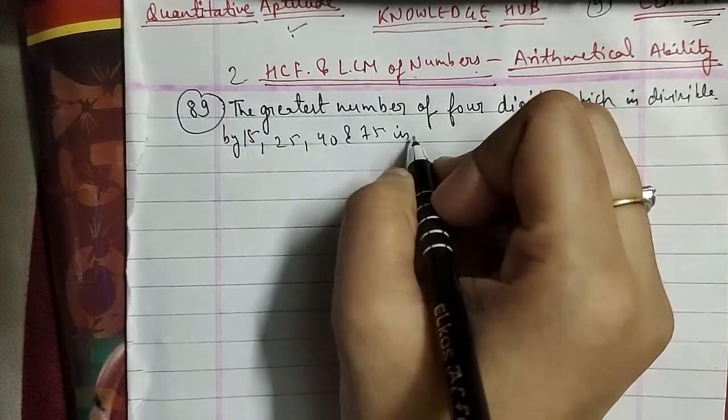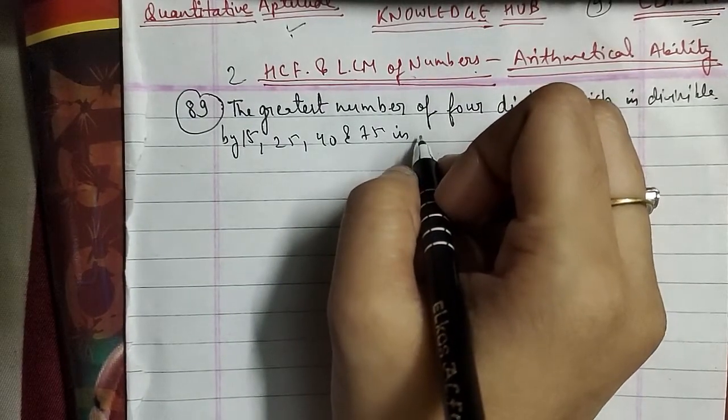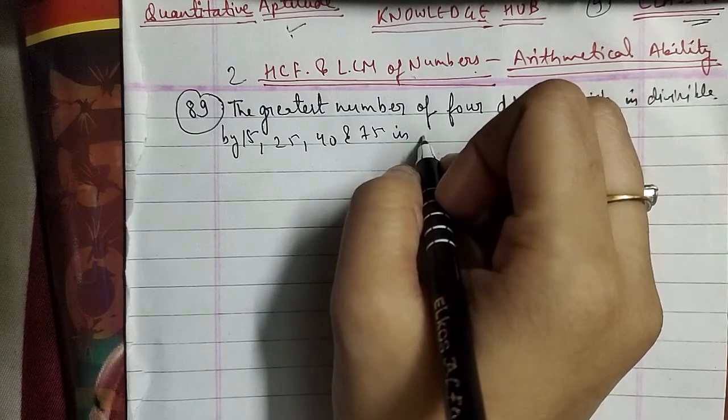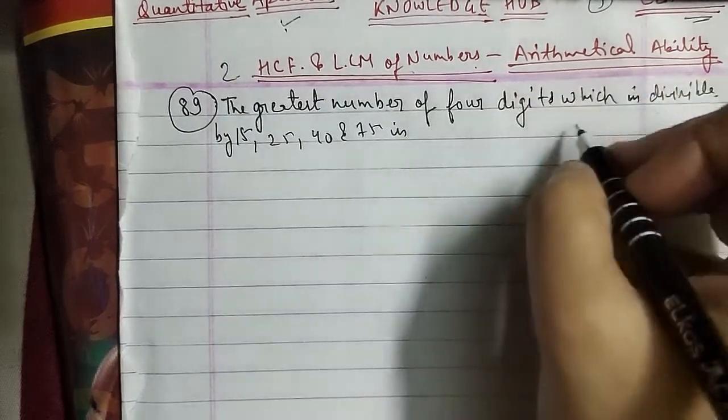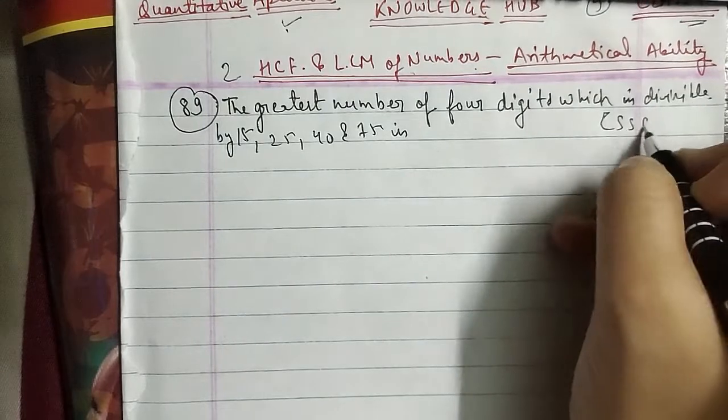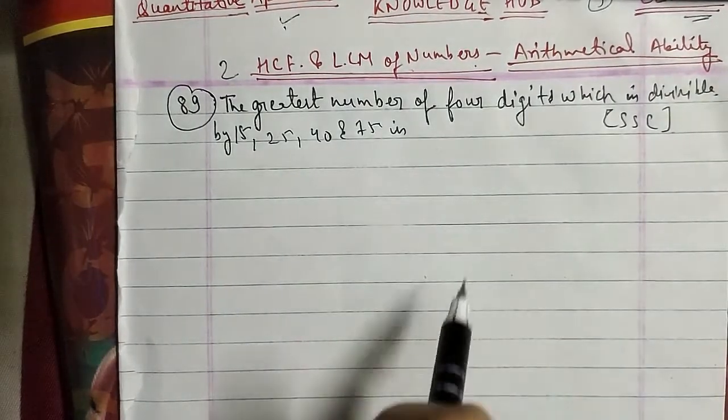The options, as I told you, are 9,000, 9,400, 9,600 and 9,800, and this has been asked in an SSC examination paper as well. So we'll talk about it.